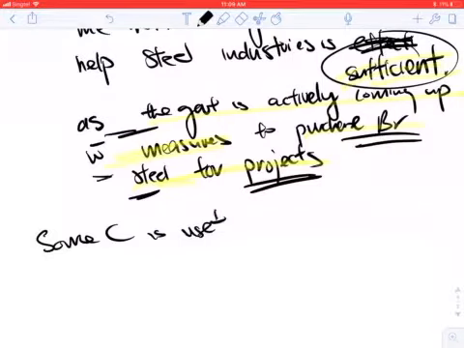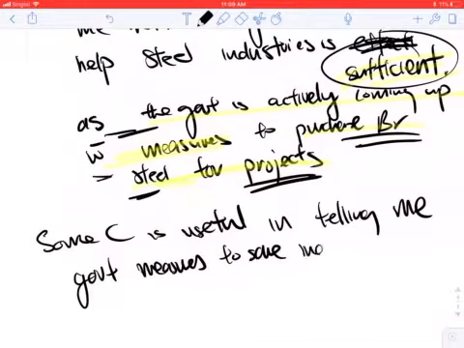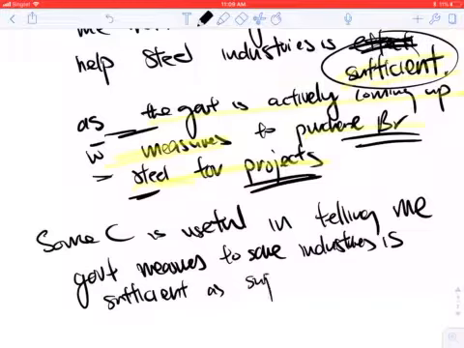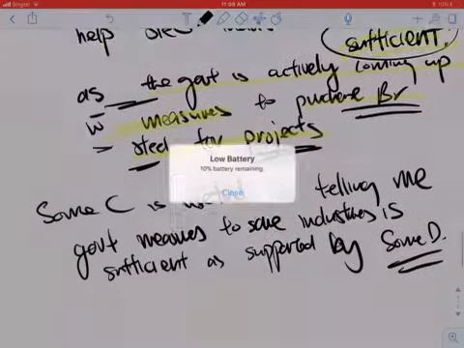Repeat the whole thing again in telling me that the government measures to save industries is sufficient, as is supported by source D, because source D says the exact same thing.